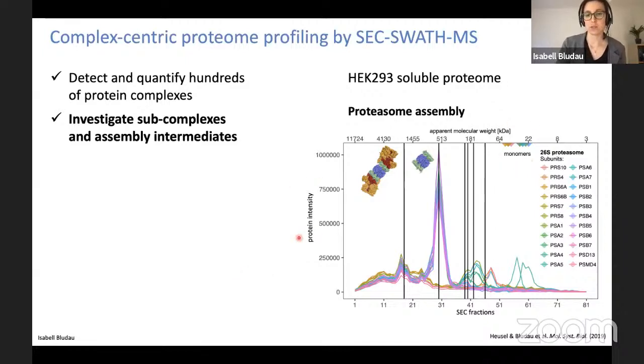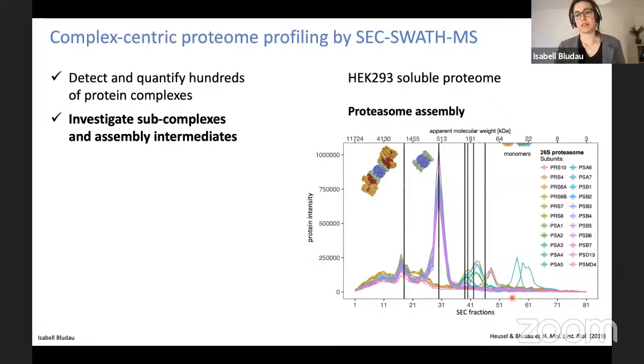On the y-axis, you see the protein intensity, and the black vertical lines indicate the complex signals that CC profiler detected. Each of the colored profiles that you see here corresponds to one of the proteasome assembly members.